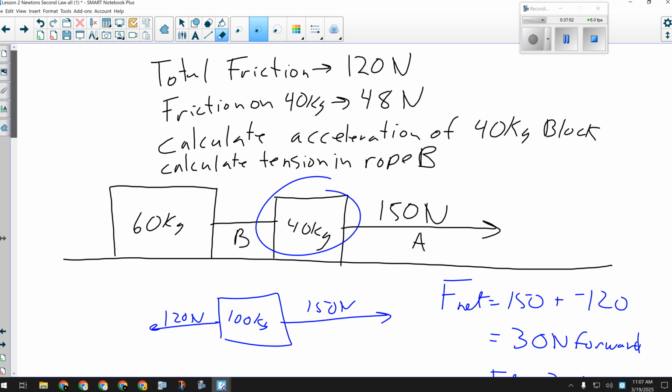Everybody okay with that? All right, the next part wants me to break the system up and find individual parts. So I'm looking for the tension in cable B. So here's what I have to ask myself. What is cable B pulling on?